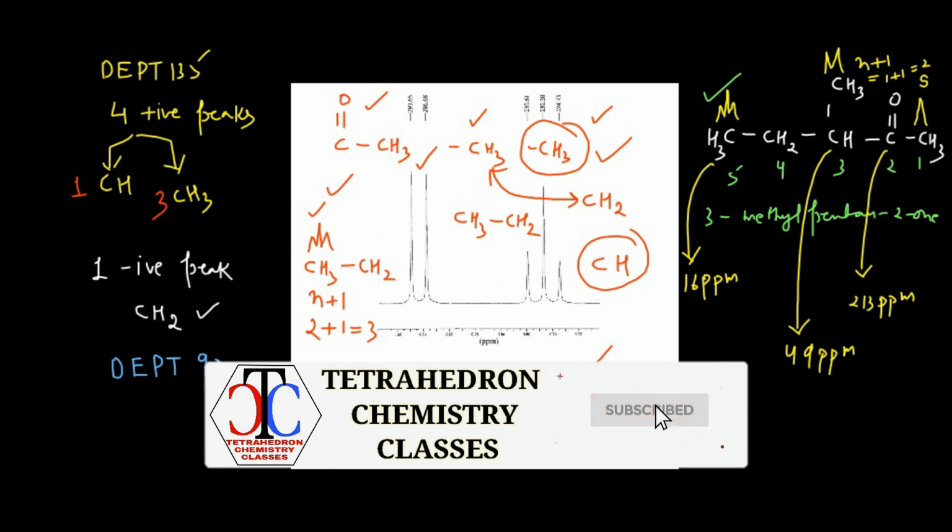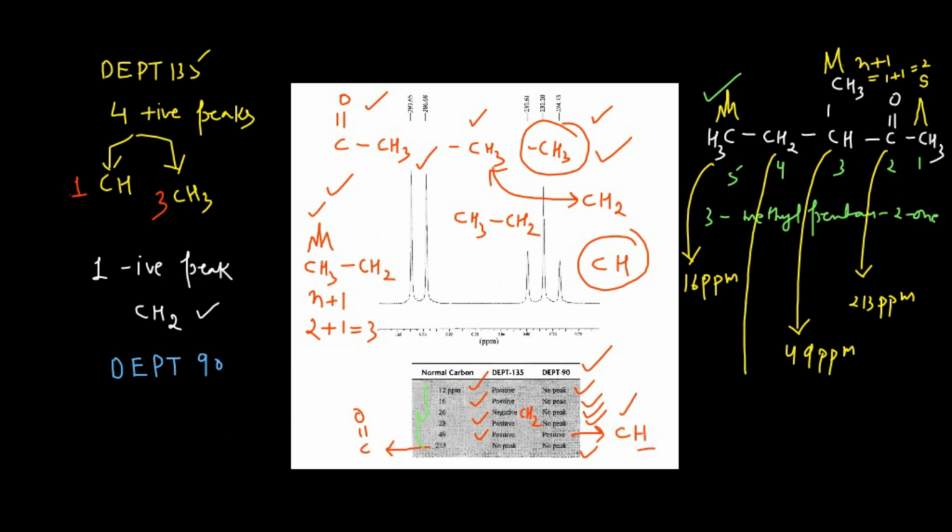Then this will resonate at 28 ppm, and then this particular one will resonate at 26 ppm. And finally, sorry, this one is not 16. This will resonate at 12 ppm, and this will resonate at 16 ppm.